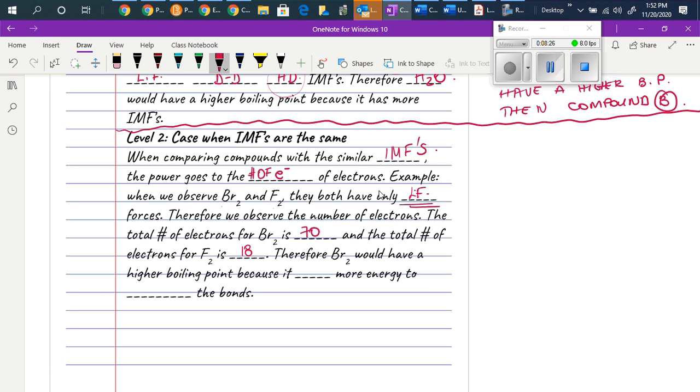So boron will have a higher boiling point, because it requires more energy in comparison to fluorine to break the bonds.